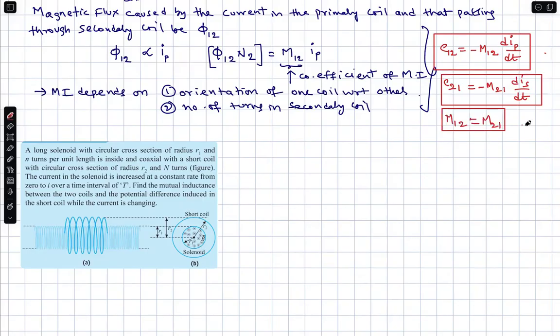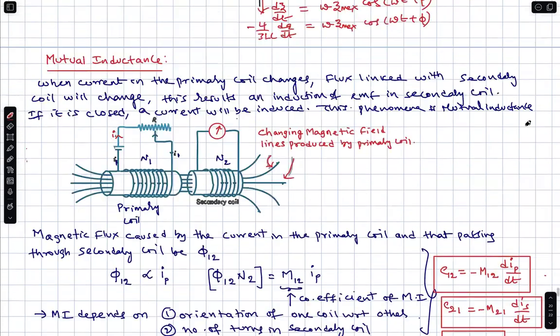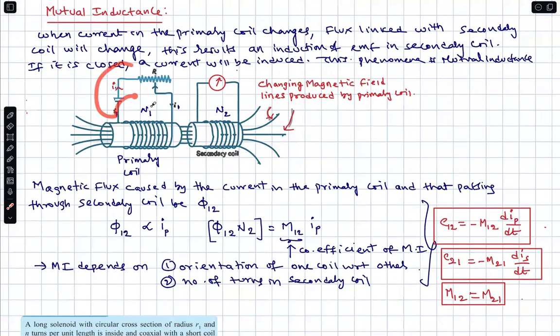Now you are assuming in your analogy that this is primary and this is secondary. If you choose this as primary and this as secondary, the same rules will work. The same setup I'll fix over here, and the same sensitive current meter I'll place here. The result is the same.